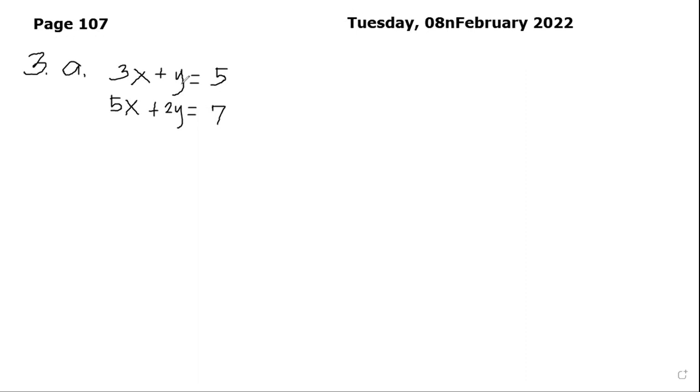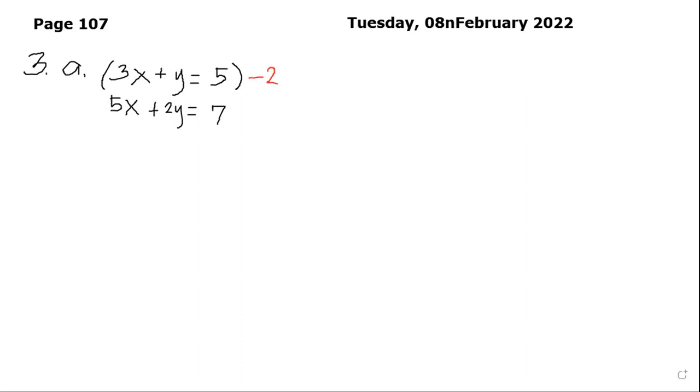It will be easier to eliminate y because you have 2y here and y there. So we can multiply equation 1 by -2, so that we have -2y and positive 2y.